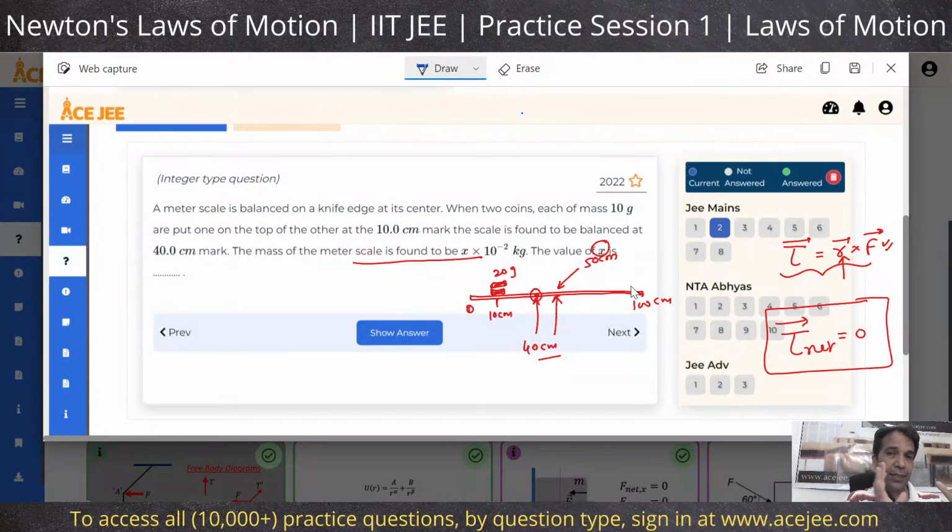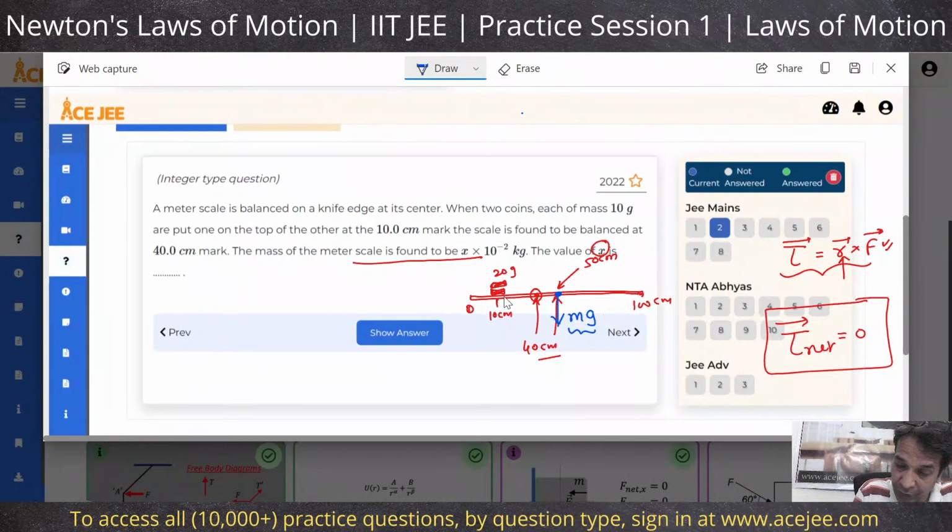But you can sum up all those forces and put an equivalent force at the center of mass, which means we can have the equivalent force here. This is mg acting here. Mg is nothing but x into 10 to the power minus 2 times g, the gravitational force acting on the scale.